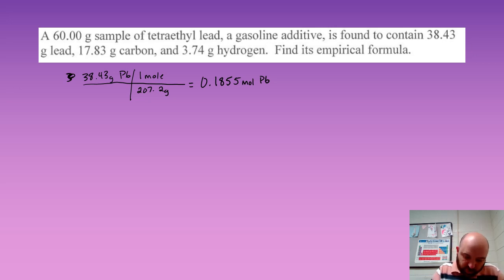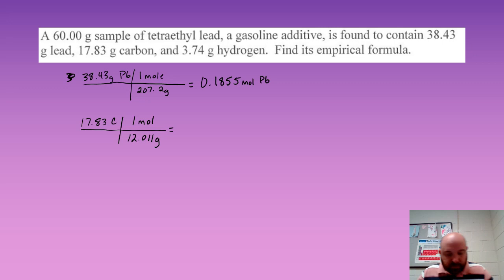Then 17.83 grams of carbon is our next constituent. We will convert that to moles as well. Carbon has a molecular weight of about 12.011 grams, so 1 mole weighs 12.011 grams. Dividing 17.83 by 12.011 gives us about 1.484 moles of carbon.